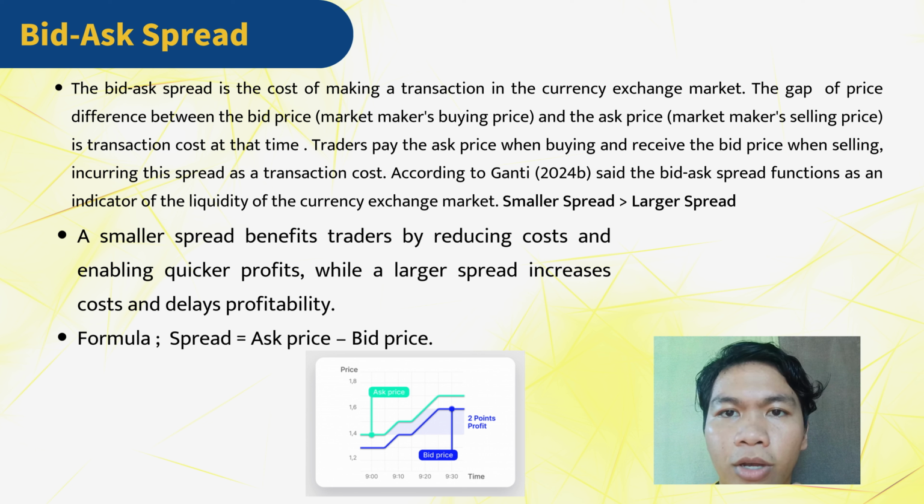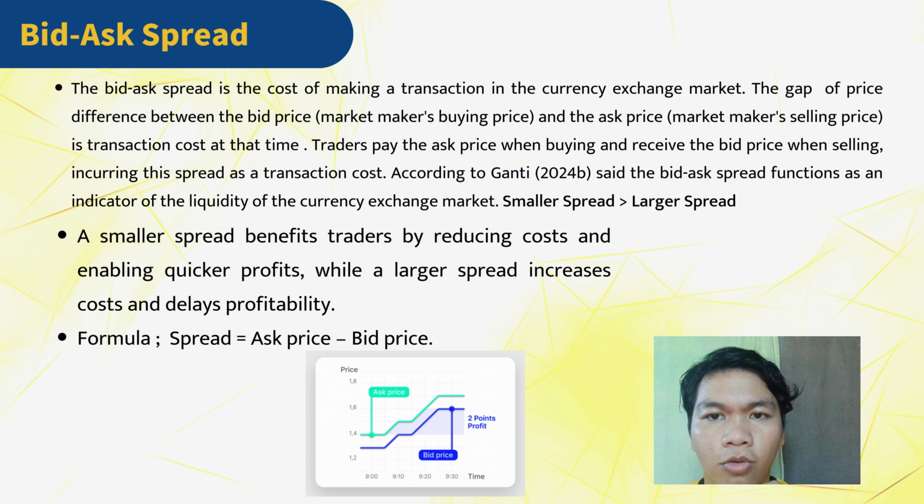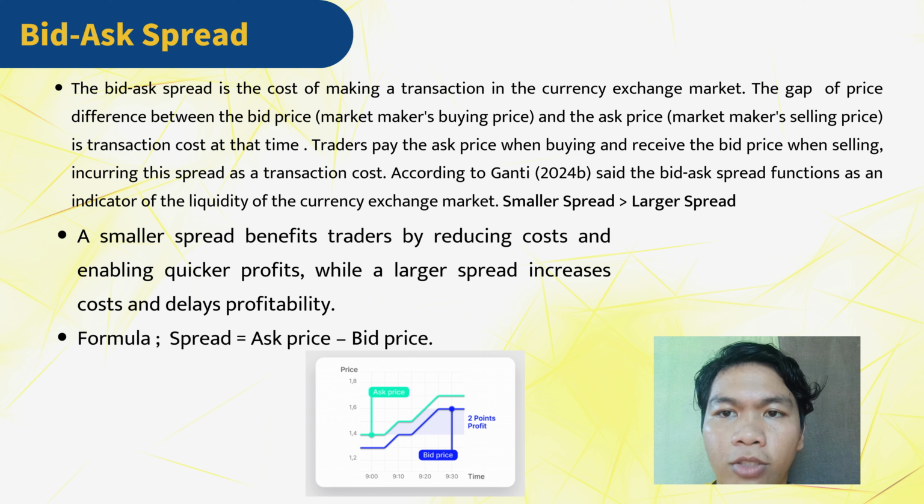According to Ganti, the bid-ask spread functions as an indicator of the liquidity of the currency exchange market. This means a smaller spread indicates more liquidity than a larger spread. The formula is spread equals ask price minus bid price.